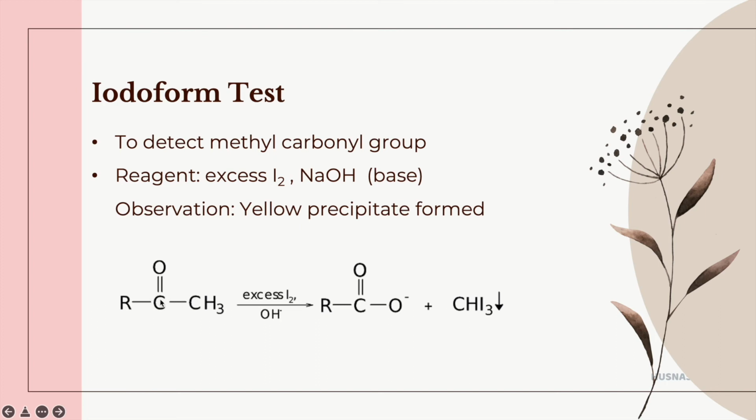If the C=O carbon has a methyl group, then this is a methyl carbonyl group, and it will give a positive result for the iodoform test, with excess I2 and OH minus. The products are carboxylate ion, C=O and then C-O minus, plus CHI3. The arrow pointing downwards means the yellow precipitate forms at the bottom of the test tube.